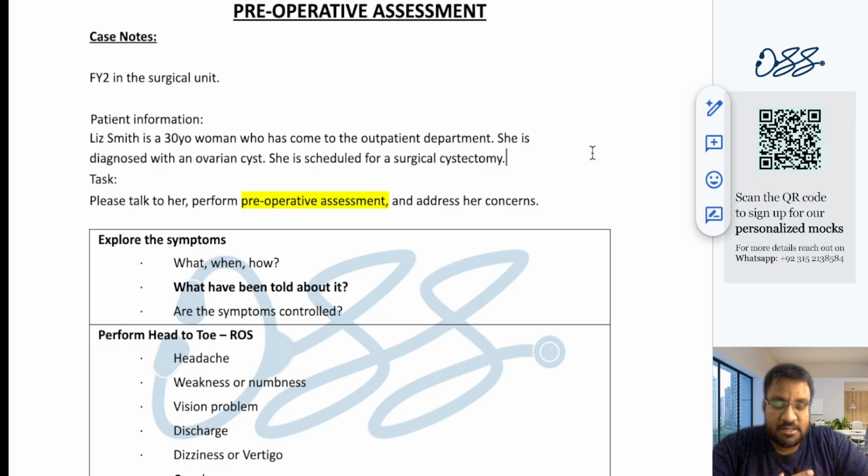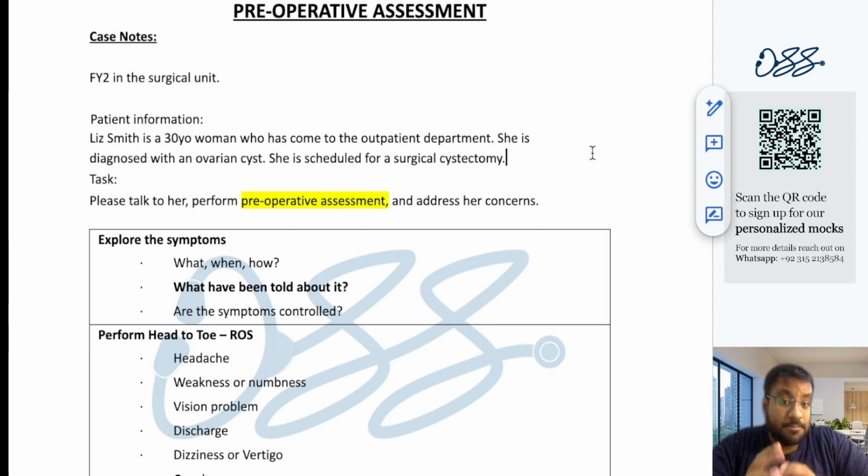It is just a scenario that talks about ovarian cyst and surgical cystectomy, or they may just talk about appendix and appendectomy. What symptom are we talking about? Before coming to this diagnosis, the patient must have had some symptom or the other. So you just have to explore that, and very briefly.